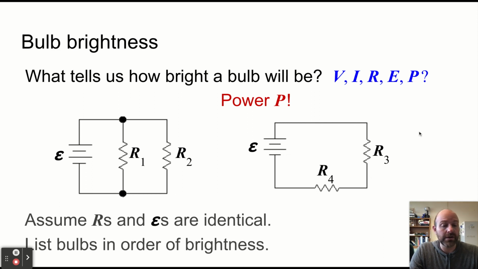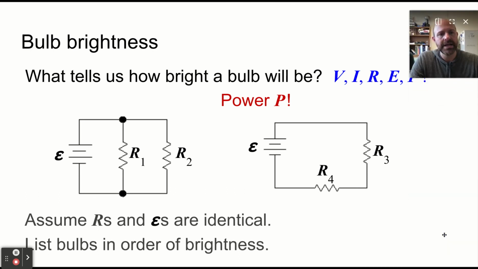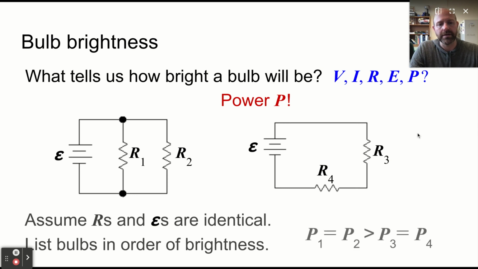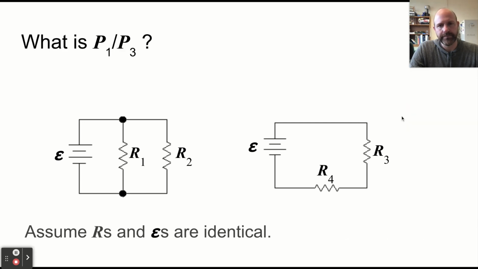Over where R3 and R4 are, together the resistance of this circuit is much higher, so the current flowing through them will be less than in R1 and R2's case, and so you will end up with less brightness. So P3 and P4 will have the same current and the same voltage because they're identical resistors, but that will be a smaller power than bulbs 1 and 2, which each have their own full voltage of the battery and can each draw as much current as they need.